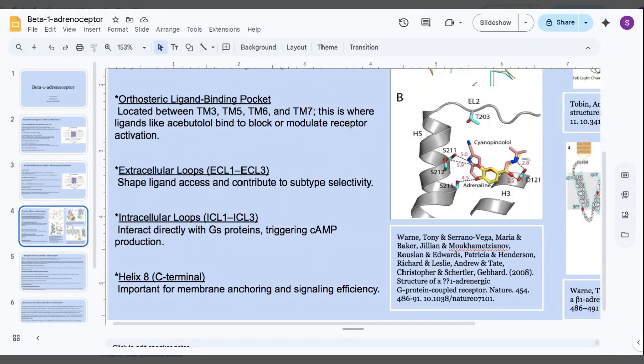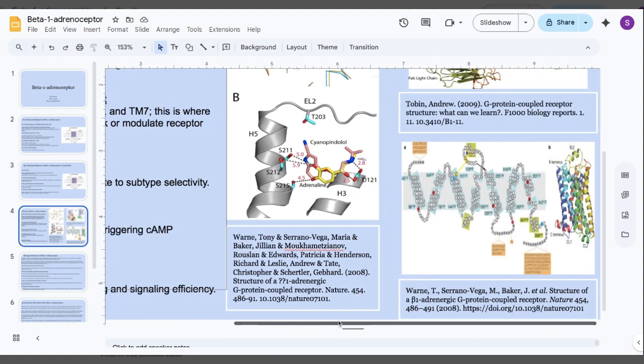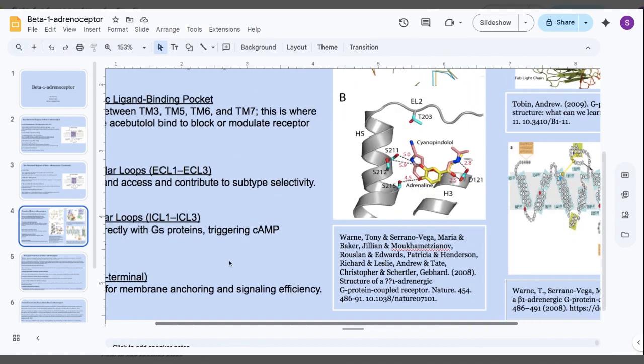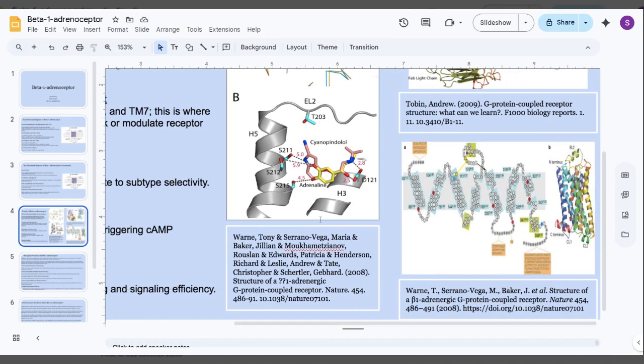So extracellular loops, as mentioned before, aid in shaping that ligand access and help contribute to subtype selectivity and specificity. In this diagram, we can see that extracellular loop as well, outside of the helices right here.